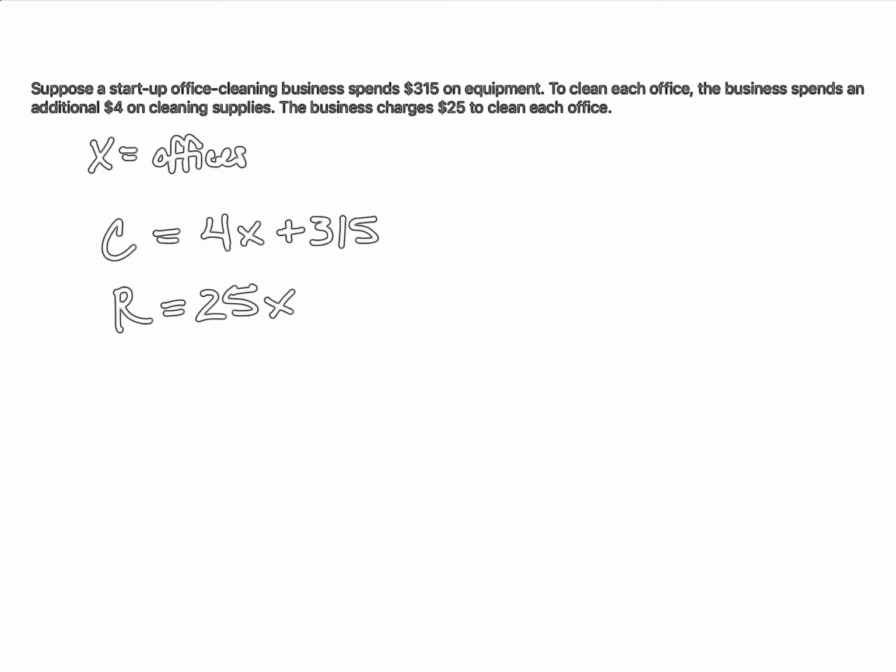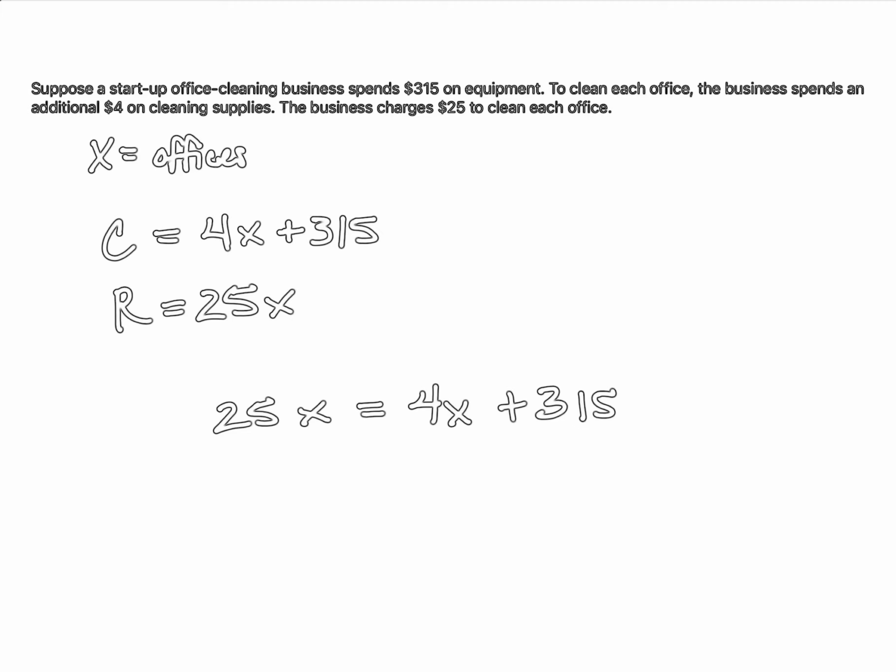So to figure out when we break even, let's set these two equal to each other. Let's set them even. So we're going to go 25x is equal to 4x plus 315. When the cost equals the revenue, then we are even.